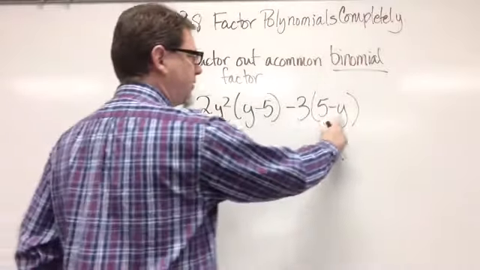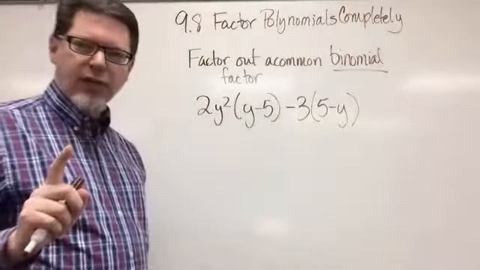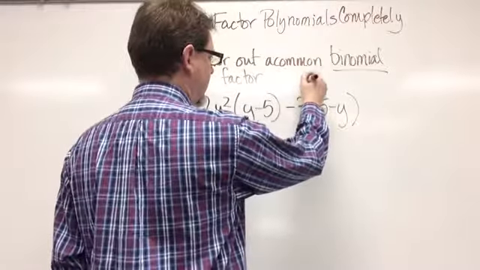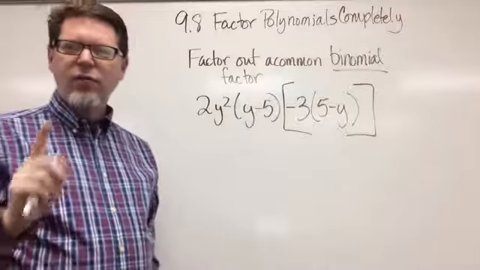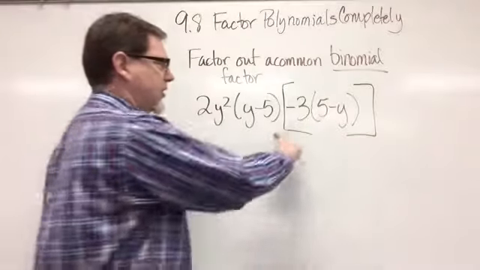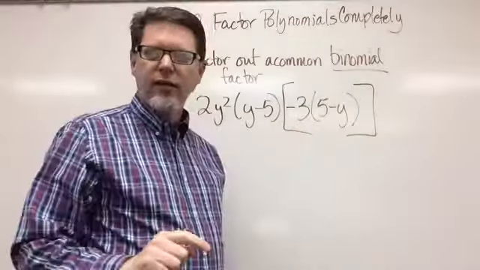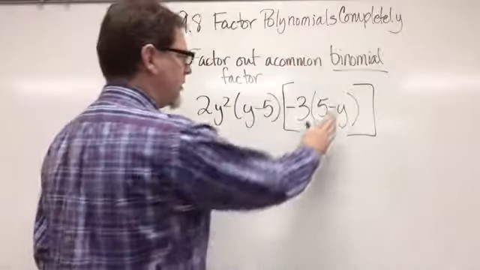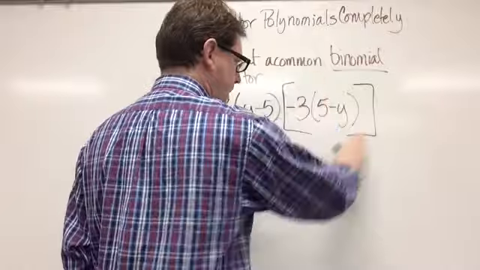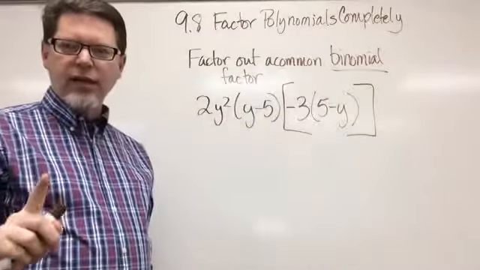I can take 5 minus y and multiply this entire term by negative 1, and it would change 5 minus y to y minus 5. Again, all I'm doing is multiplying it by negative 1.